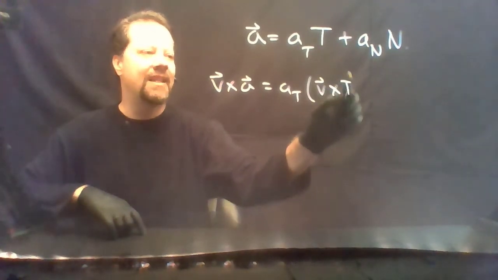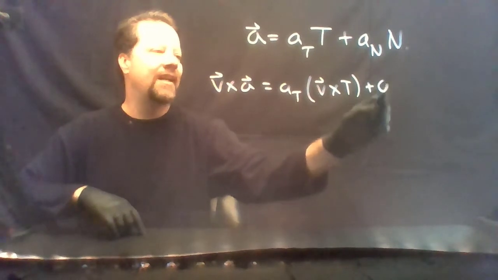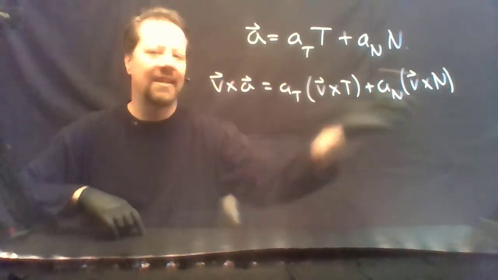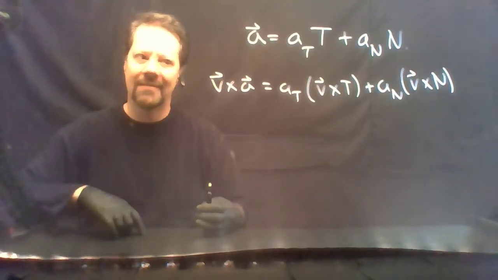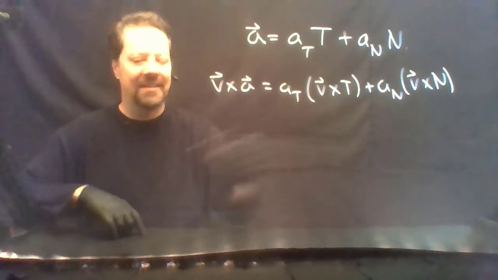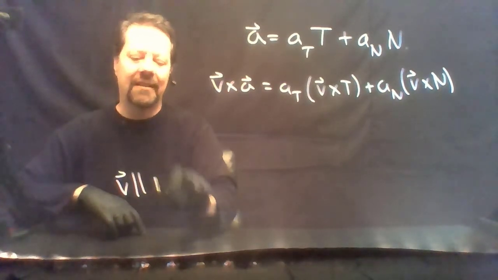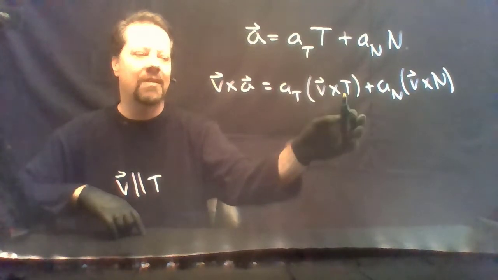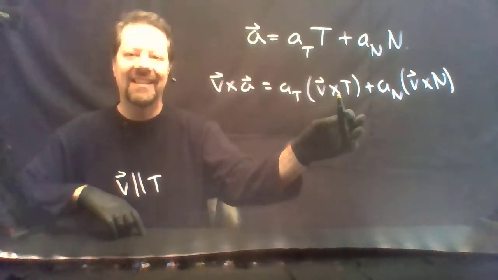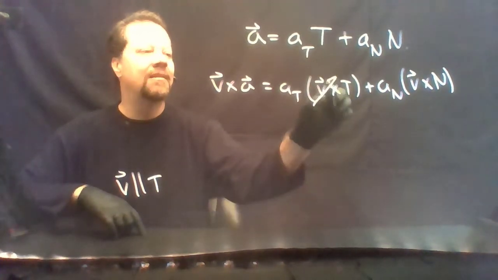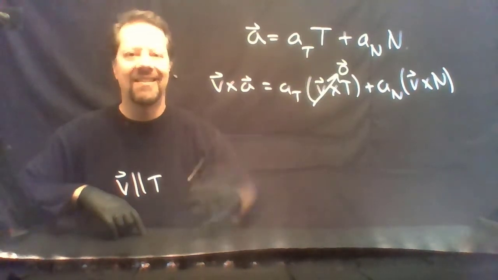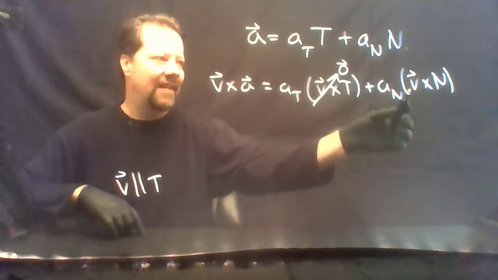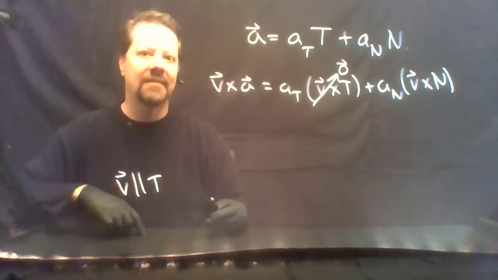We'll get A_T V cross T plus A_N V cross N. Now what? Note that V is parallel to T, and two vectors have a cross product equal to the zero vector if and only if they are parallel. So V cross T must be the zero vector. That leaves you with this V cross N.